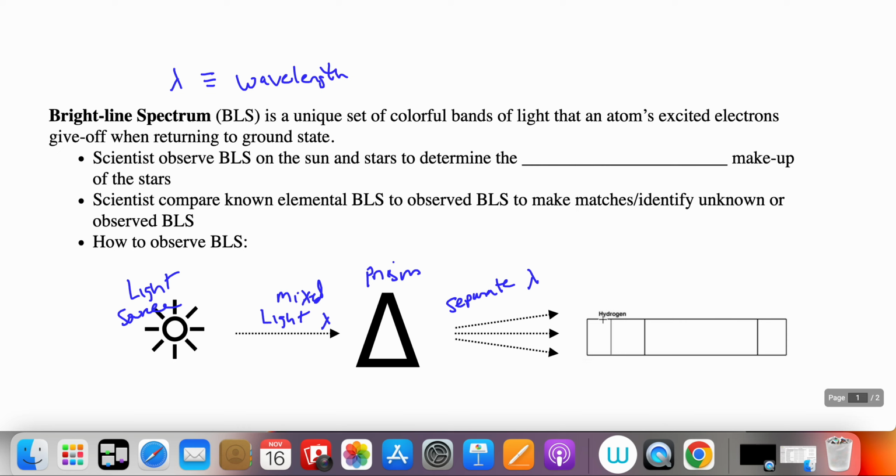So in this example, this is supposed to be hydrogen. And this first line here, when you view through it, it's going to look like a violet or purple color. This next line that you will see a little bit closer to it is in the blue family.